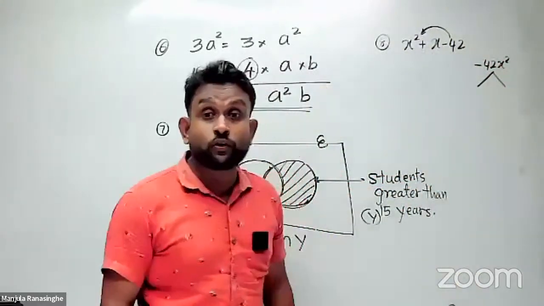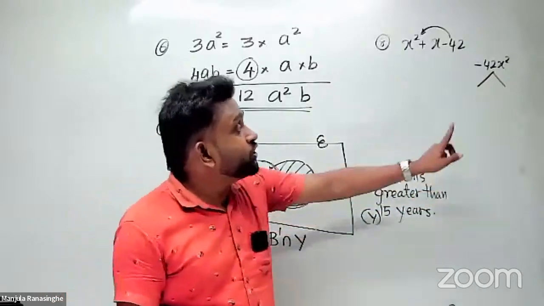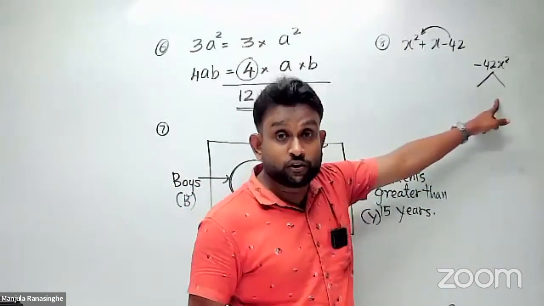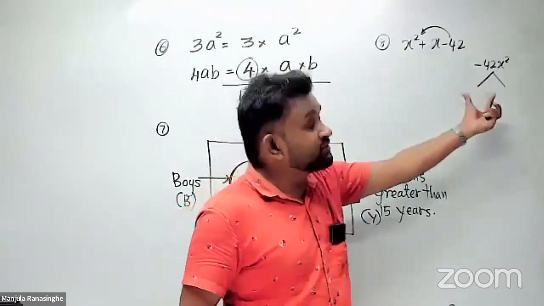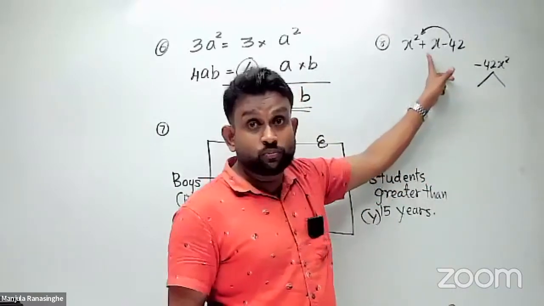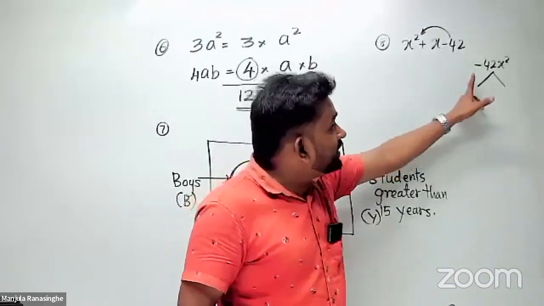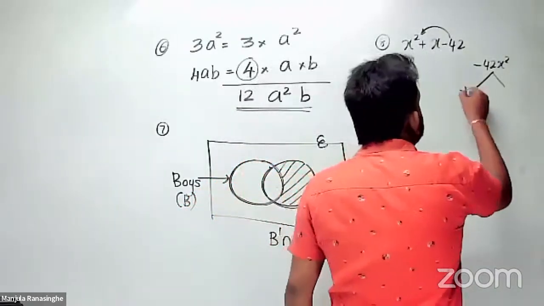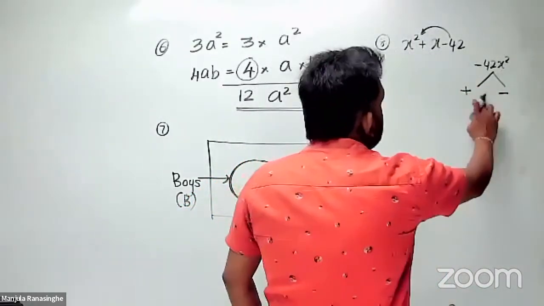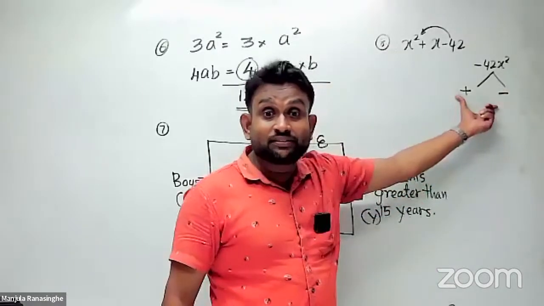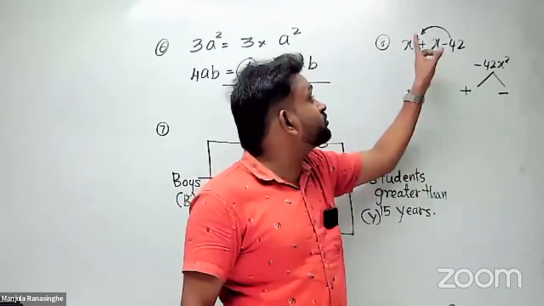Now we check for a product of minus 42 and a sum of plus 1x. A minus product means one plus and one minus, and when we add them, the difference comes to 1x.